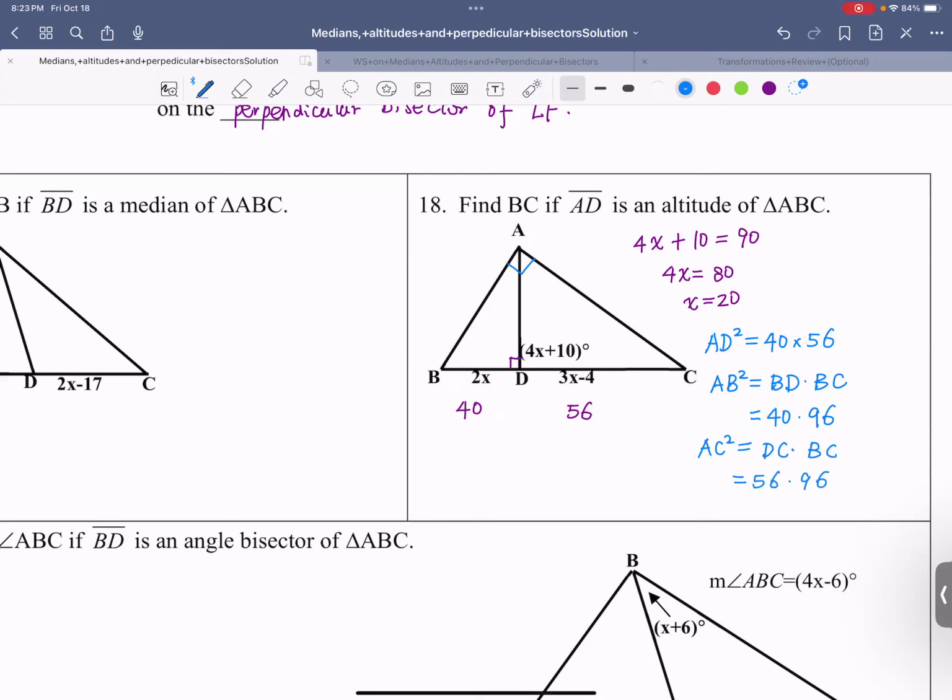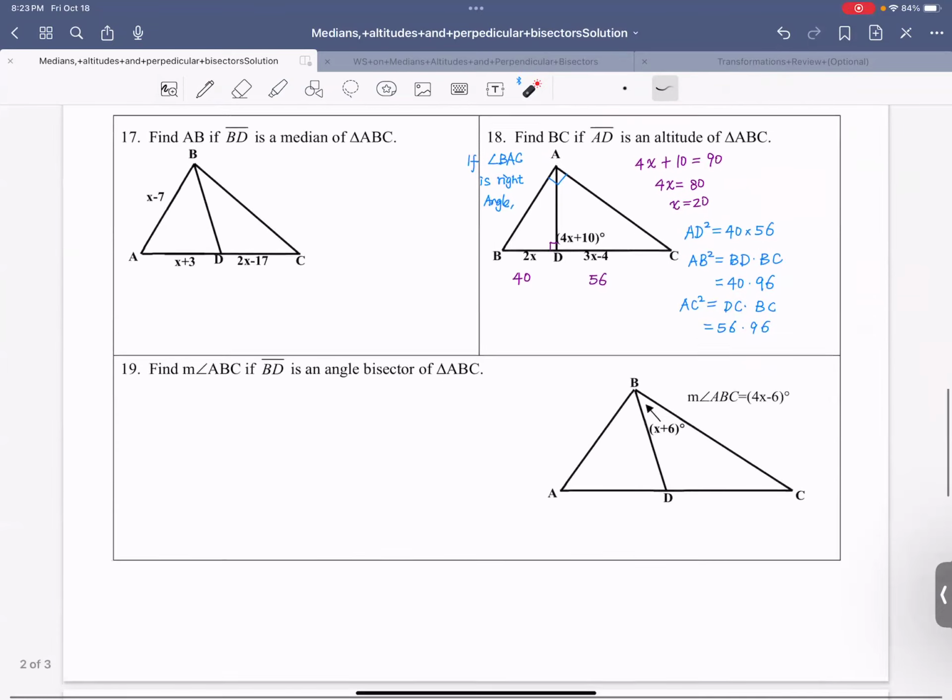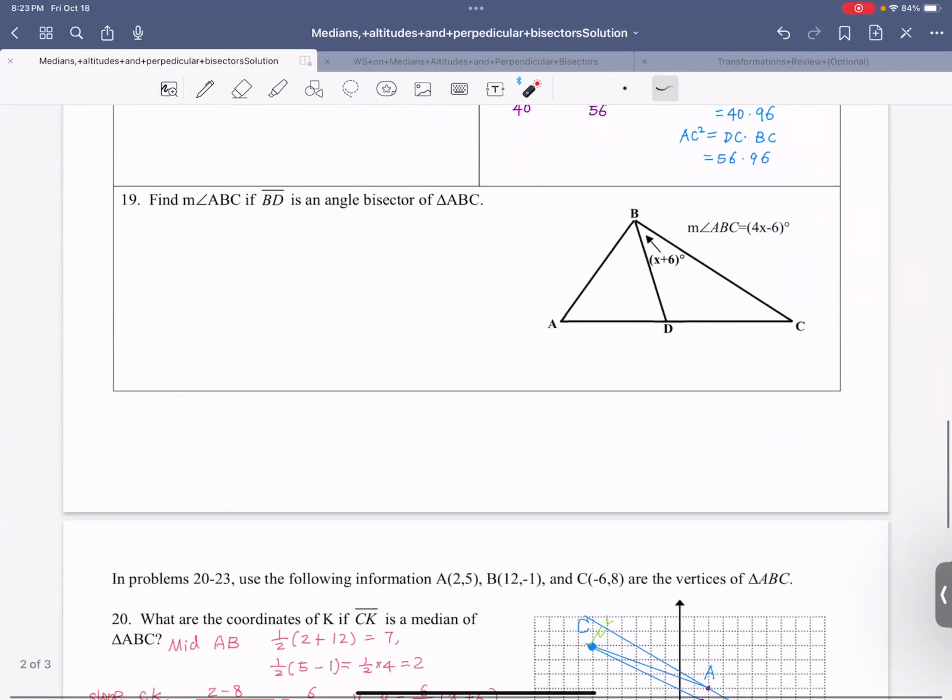Make sense? So if this angle is a right angle, then you can further solve this. I want you to pay attention to the things that you learned before. Okay, next one.